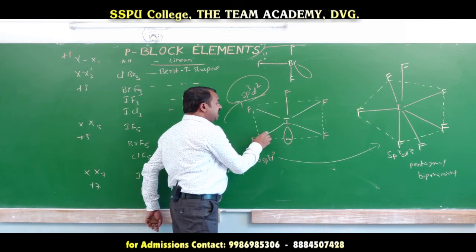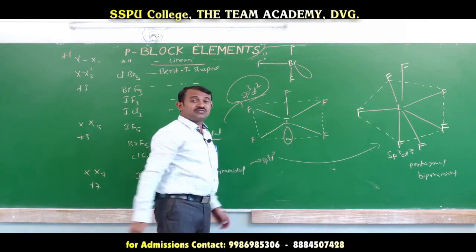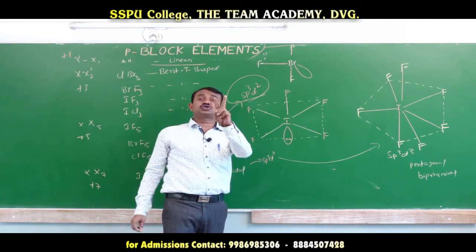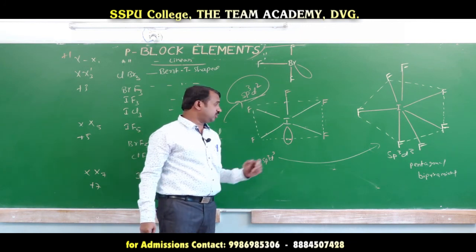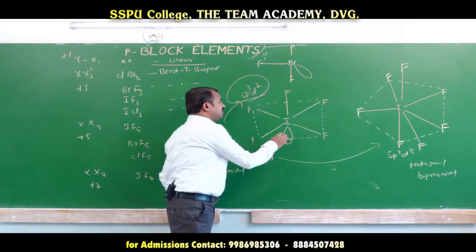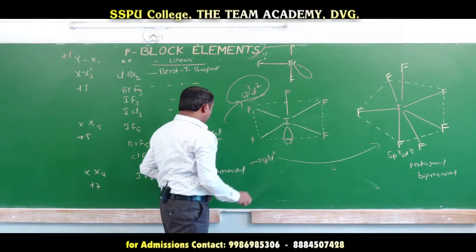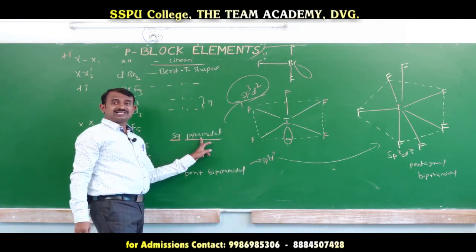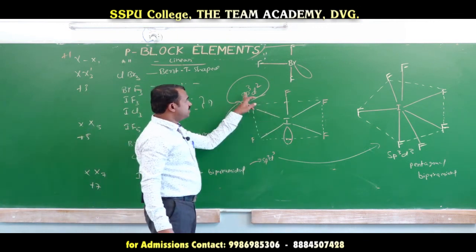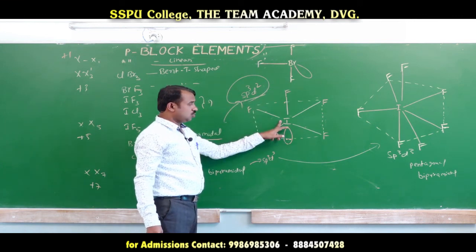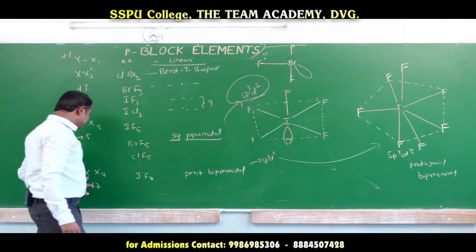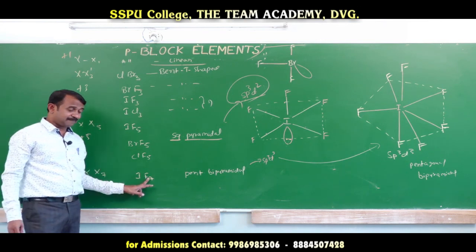Here 1, 2, 3, 4, 5: 5 bonding pairs and a lone pair. The shape is square pyramidal, and the hybridization is sp3d2.